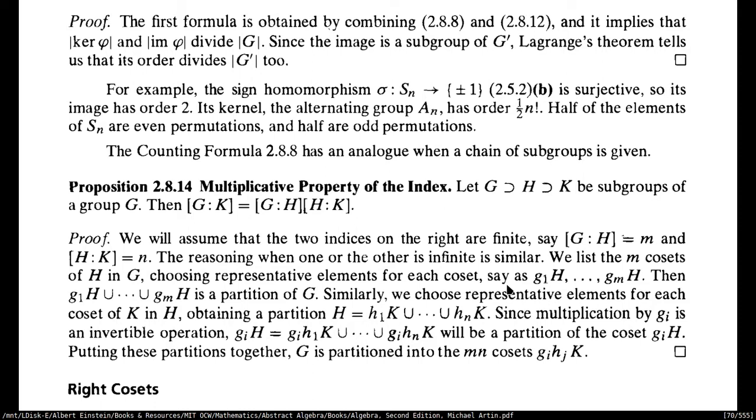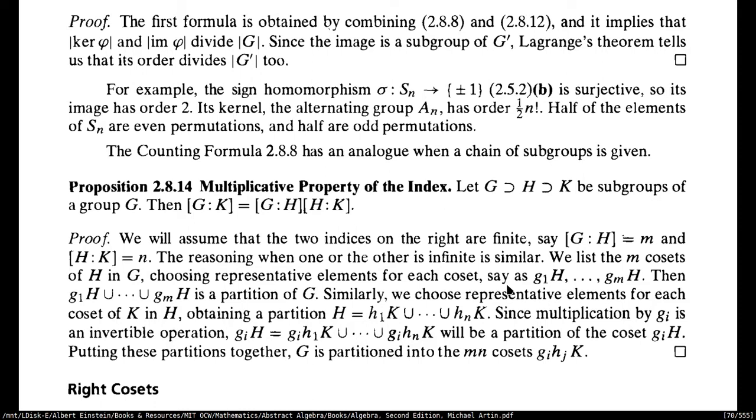Okay, so this proposition gives you the multiplicative property of the index. Then we'll see right cosets and a few of their propositions. So what you do is you have this chain of subgroups starting from G, then a subgroup H of it, then a subgroup K of H, right?